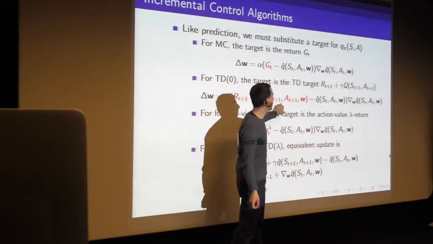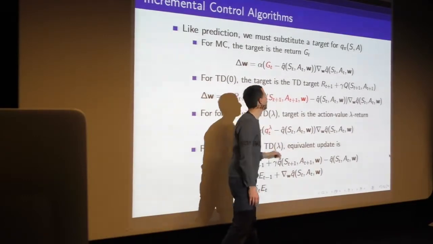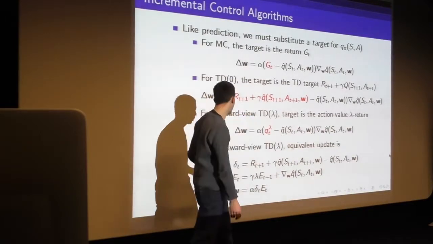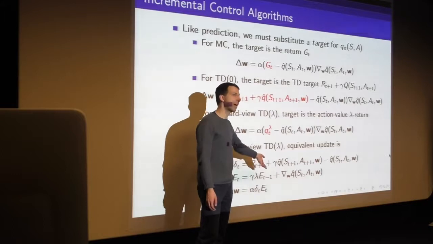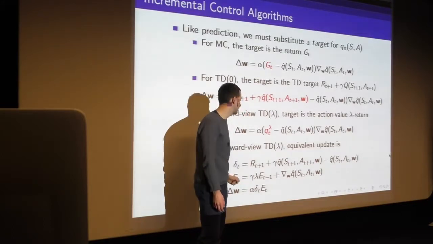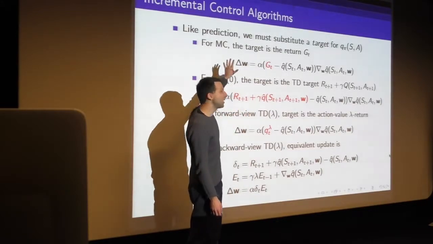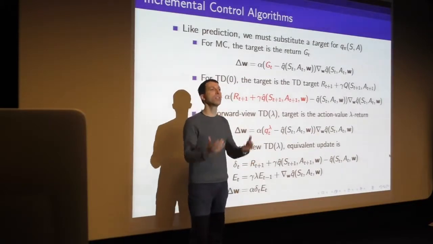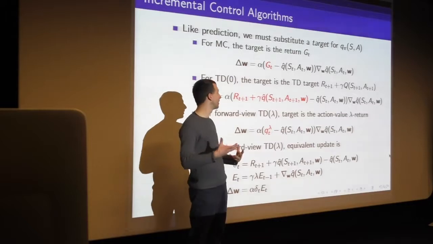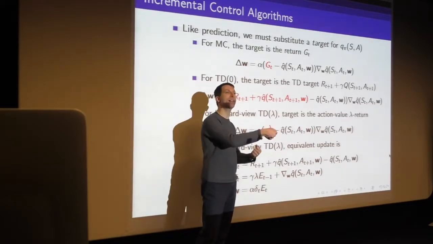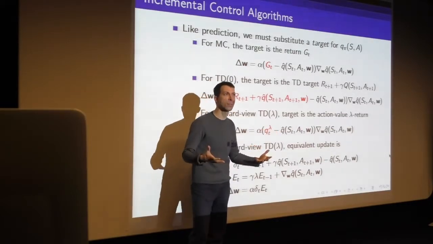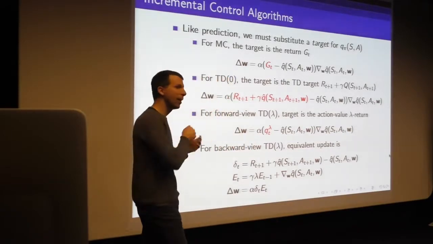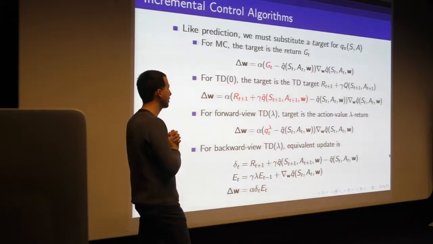We can use the one-step TD target, or we can use the lambda return, or we can do the backward view, TD lambda, to use eligibility traces. So all of these are just as before, but now we're using Q rather than V. And the reason to use Q rather than V is so we can do control. Once we have Q, we can just pick the max over our actions. We don't need a model. We can figure out what the next action we should take is, and continue to do our policy improvement steps.